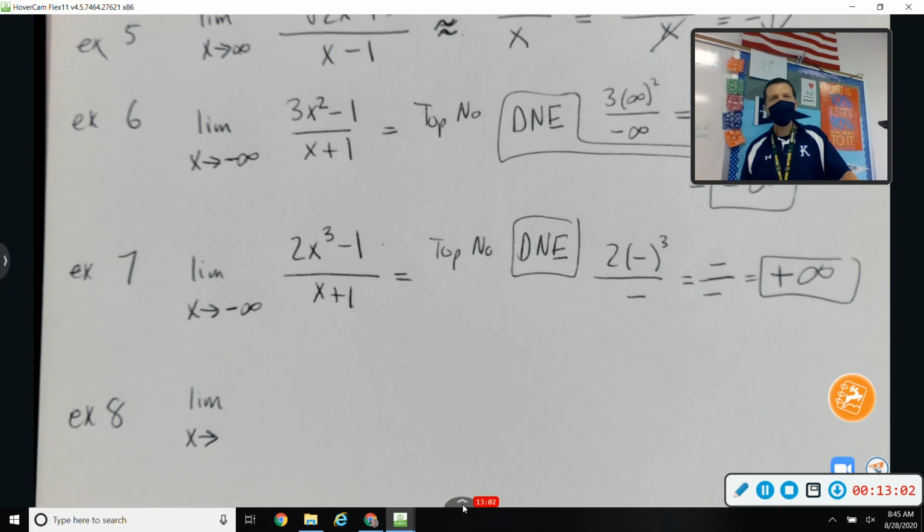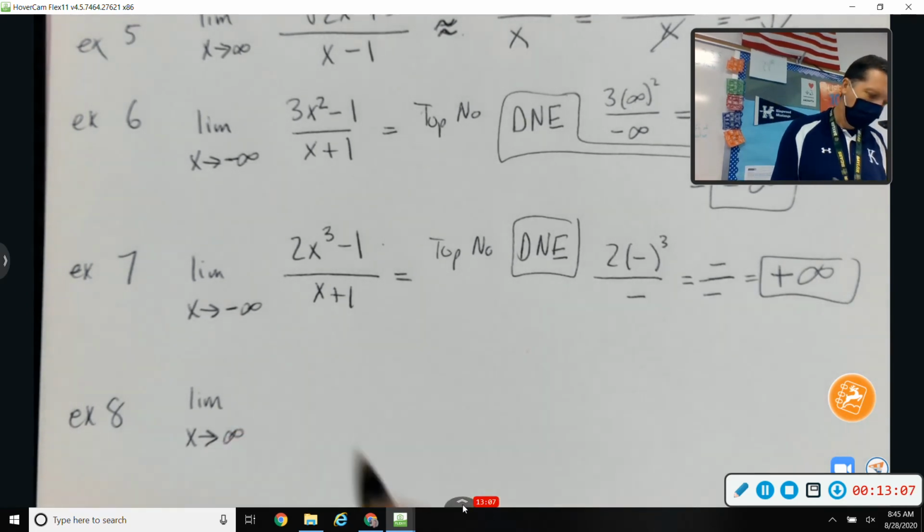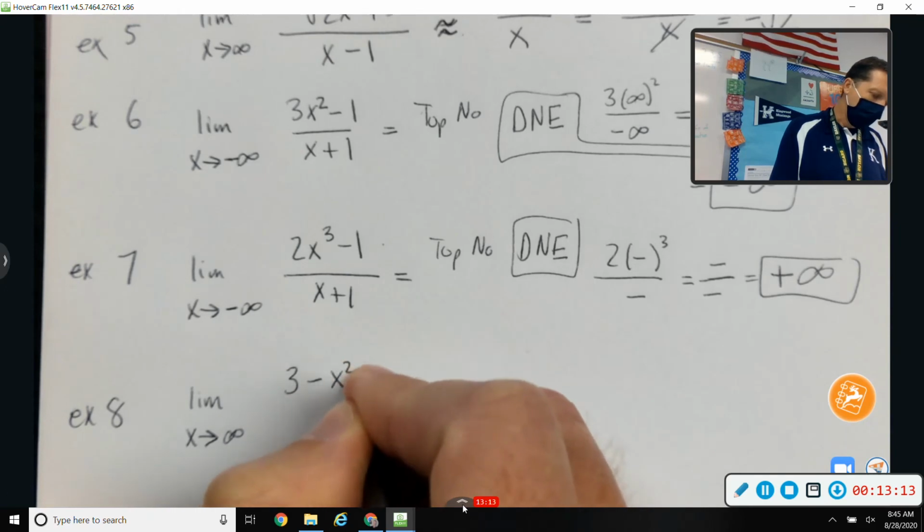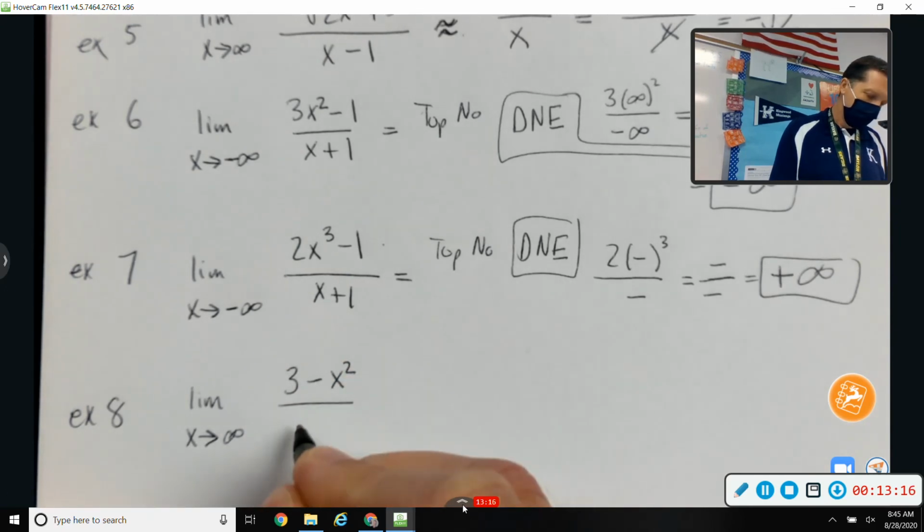Okay, legitimately last example this time. Limit as x goes to infinity of 3 minus x squared over x plus 4.